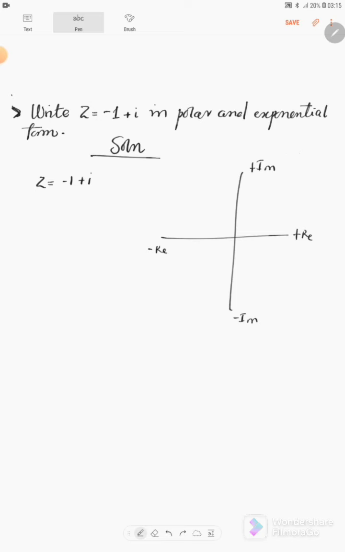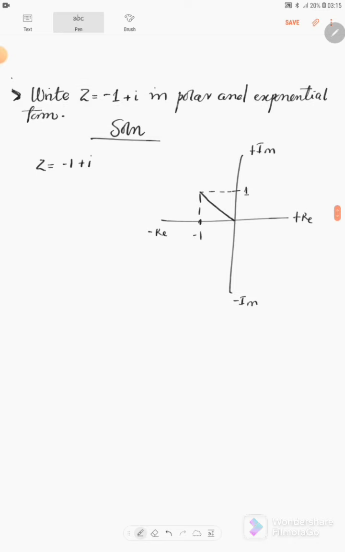I will see that our -1 is on the real part, and this is where it is, -1, and our 1 is on the imaginary part, that's 1. Then let's sketch it out. Our angle then goes like this. What are we looking for? Theta here.